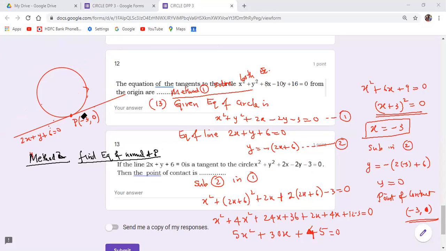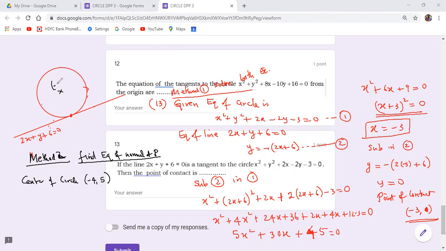So we don't know this point. Do you know the center of the circle? So center of the circle, this is a circle, no?